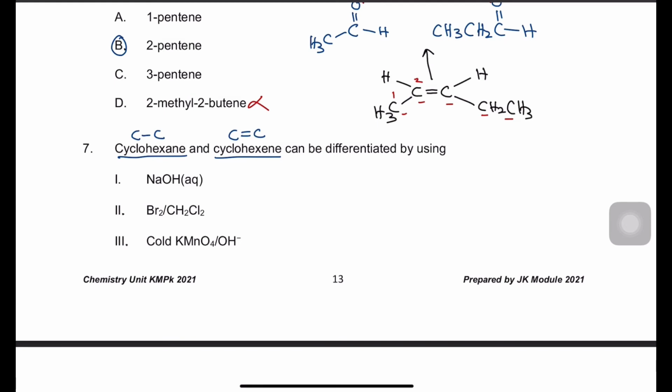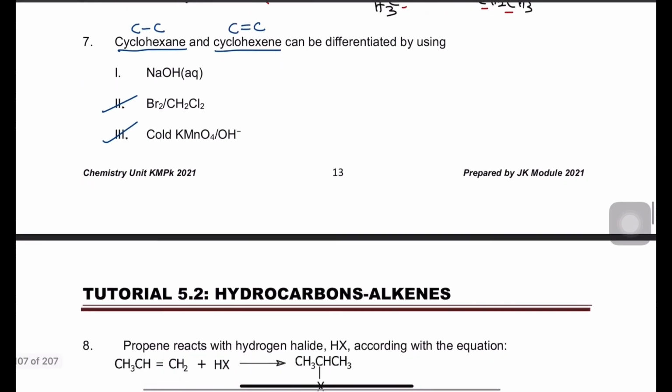The best way to do this is either a bromine test or a Baeyer test. The bromine test condition and reagent would be option 2, and the Baeyer test condition and reagent would be option 3. So the answer here is 2 and 3.